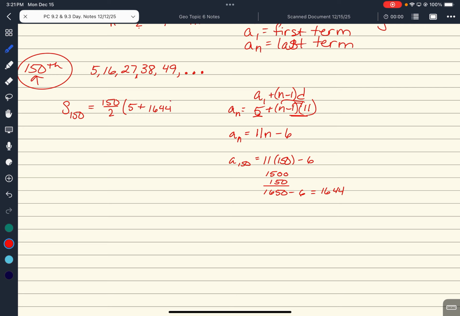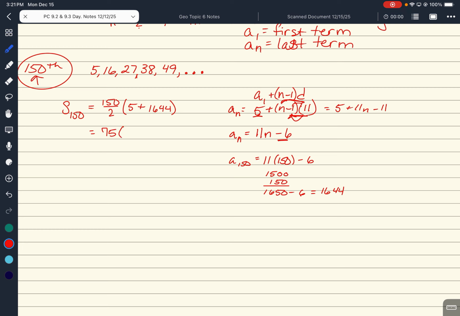Sometimes you have to figure that out. Half of 150, wouldn't it be negative 75? No, 11 would not be negative, because n is positive. It would be 5 plus 11n minus 11, which gives negative 6. Okay, 75.